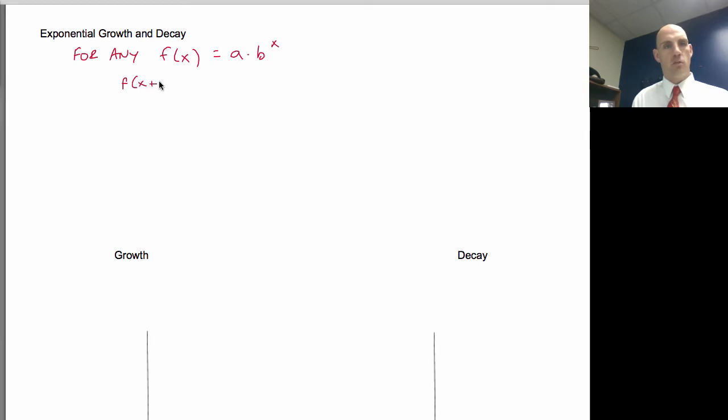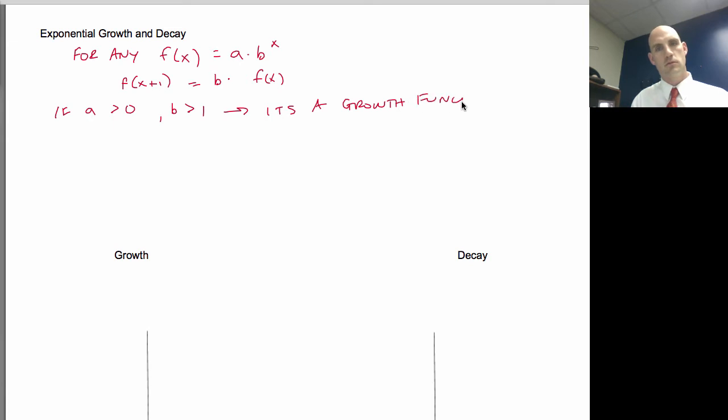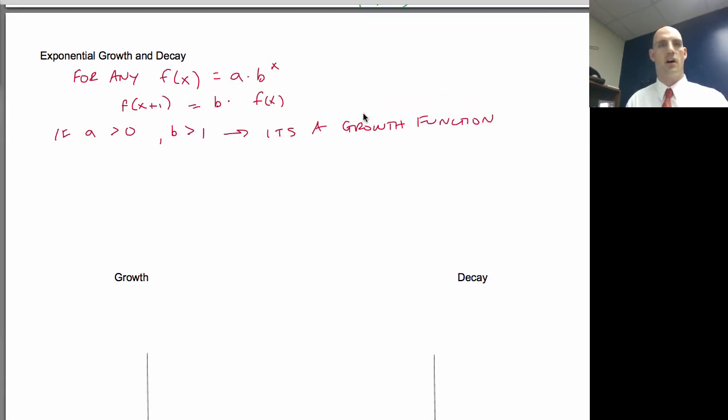F of x plus 1, which means not f of x, but the term after that, so the next x, is equal to b times f of x, okay? And if a is greater than 0 and b is greater than 1, it's a growth function. Okay, that's what we saw up here.